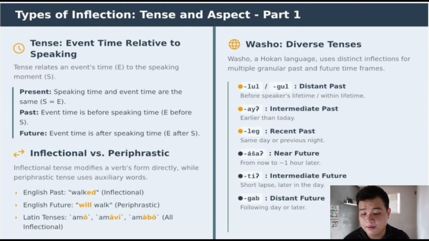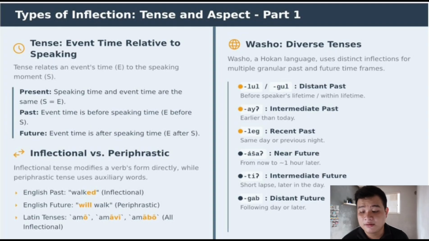Okay. One interesting example of a complex tense system comes from the Washoe language. Washoe divides time very precisely, much more precisely than English. English basically just has past, present, and future, but Washoe has several layers within past and future.